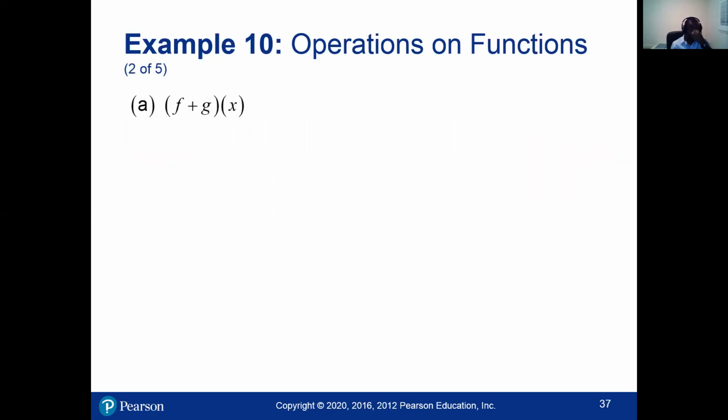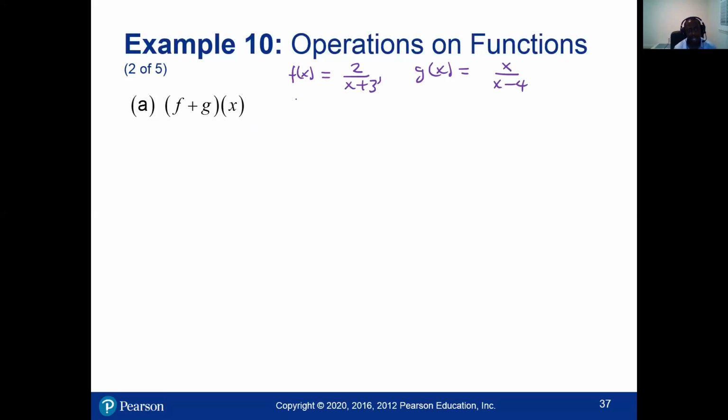The first example is this. First, let's write down f of x, so f of x is 2 over x plus 3, and then g of x is x over x minus 4. So what is my f plus g of x?